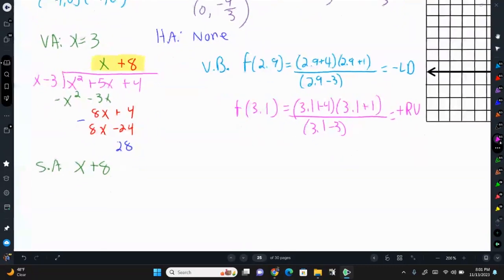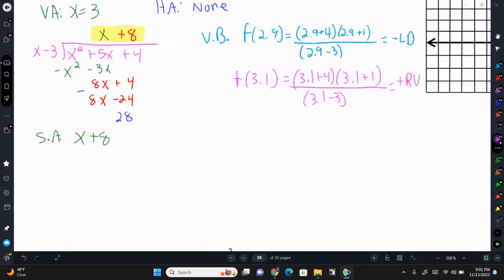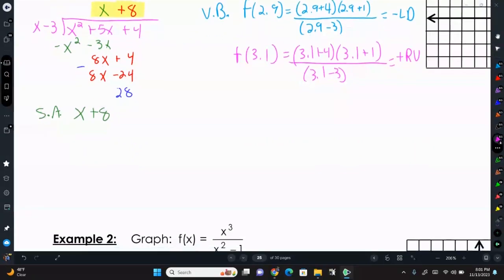All right, we're almost done now. The last thing we have to do is our end behavior. So we have to first evaluate the slant asymptote at negative 1,000. So negative 1,000 plus 8 is negative 992.